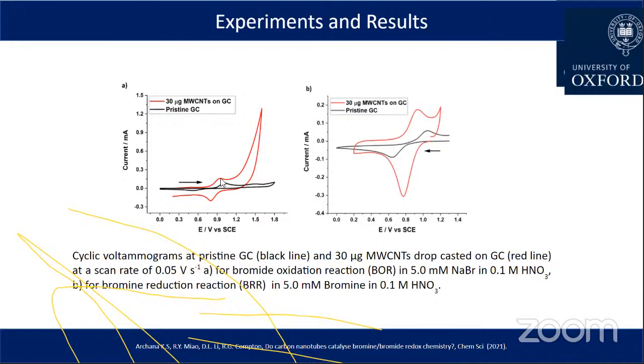When they see an increase in the current and a decrease in the peak-to-peak separation, they suggest that the reaction is now more reversible, and thus the reaction rate is also improved. But whether this is truly what is happening with the carbon nanotubes is what we will look into further.